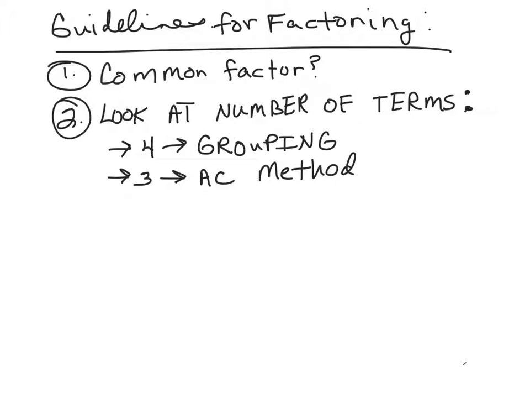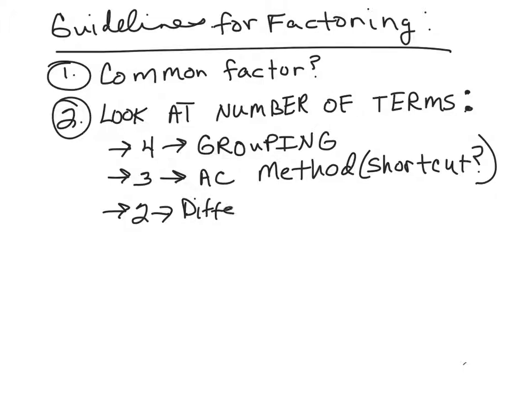Now, if there's a 1 on the squared term, then we can use the shortcut. So sometimes, if it's the AC method, we'll ask a second question, can we use the shortcut or not? If there are 2 terms, which is what we did last time, the first thing we'll check to see is if we have the difference of squares.